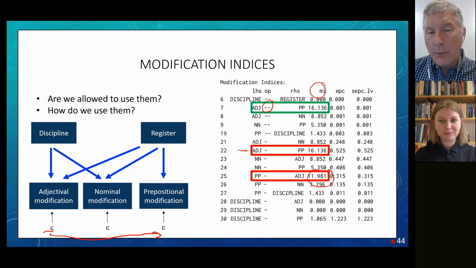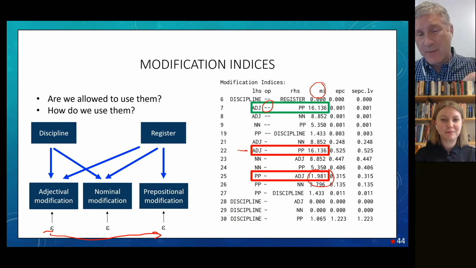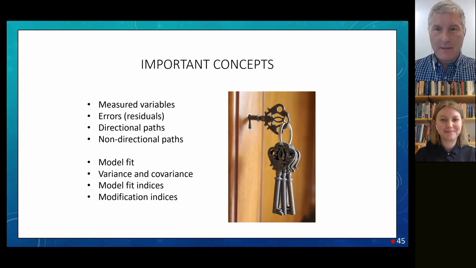We put a green box around that because you might actually have a theoretical rationale for what those common external forces are that would lead them to covary, but the other two things might not make any sense to you, that adjectival modification causes prepositional modification or vice versa. So you see this information and it makes you light up a little bit, but this is all after the fact. So you're in salvage mode to some extent.